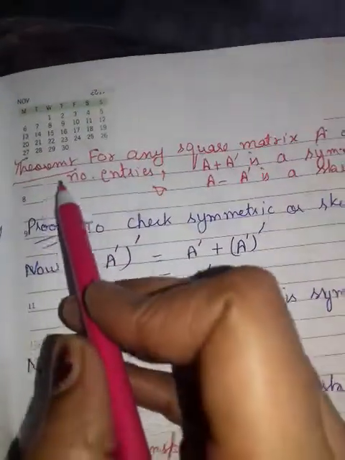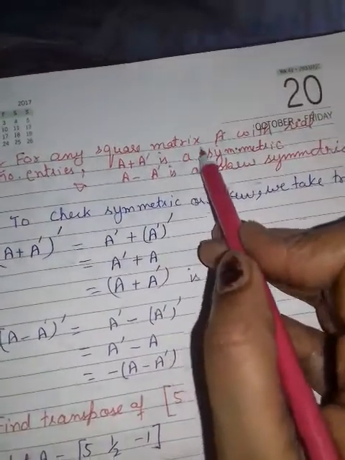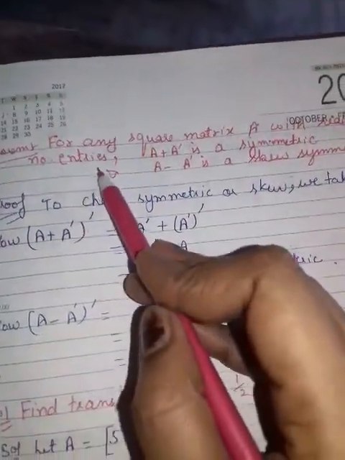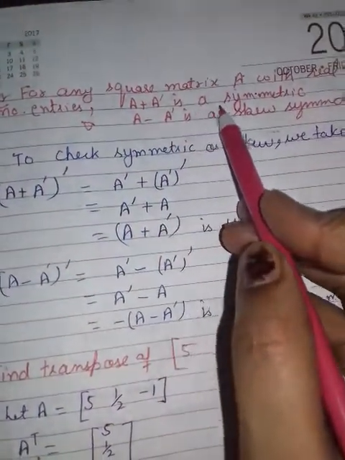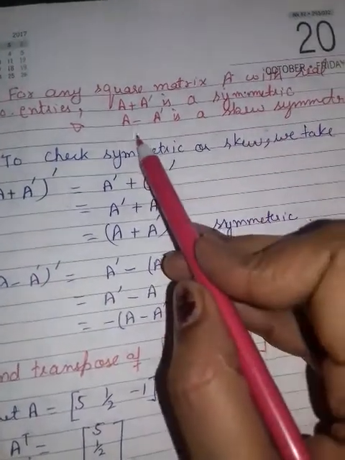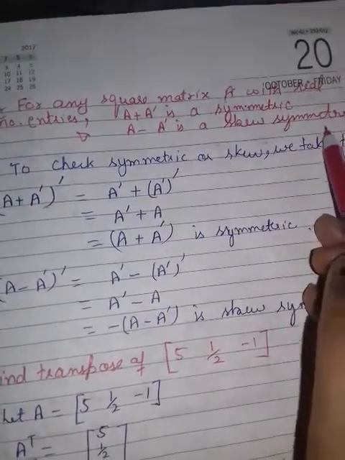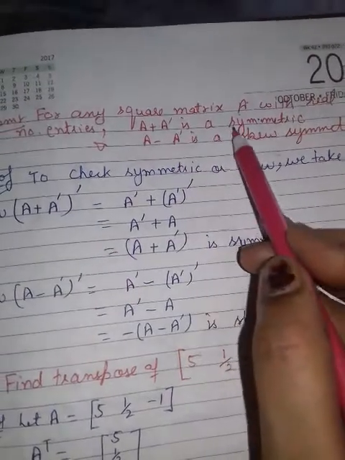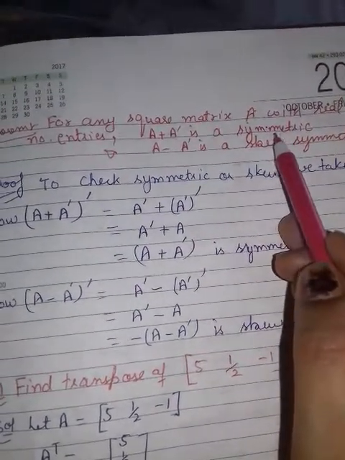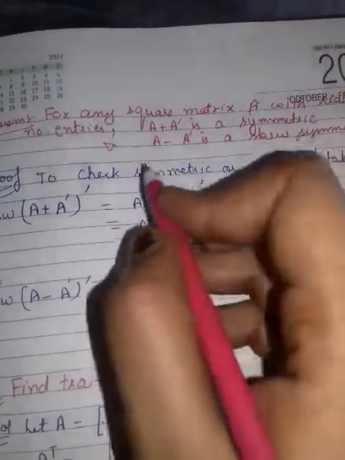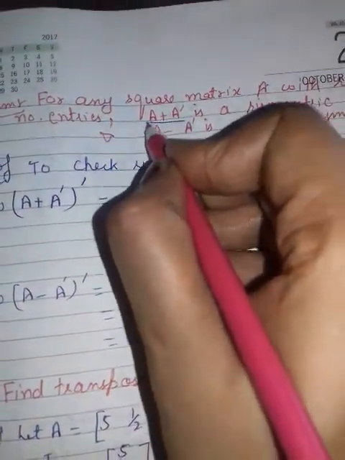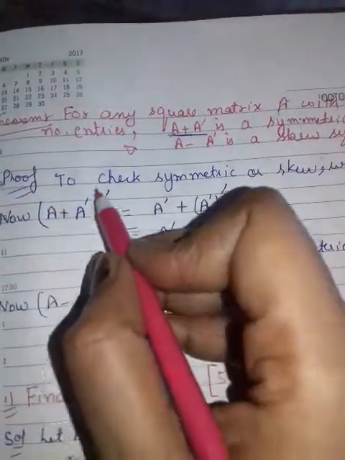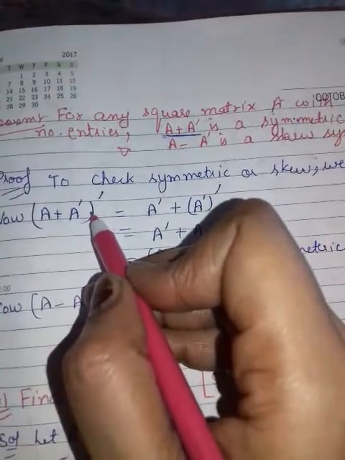Next one, theorem. For any square matrix A with real number entries, A plus A transpose is symmetric, and A minus A transpose is skew symmetric. Whenever you have to prove it is symmetric or skew symmetric, you will always take its transpose. Now you have to prove it is symmetric. Firstly, keep it in a bracket and take its transpose. Clear?